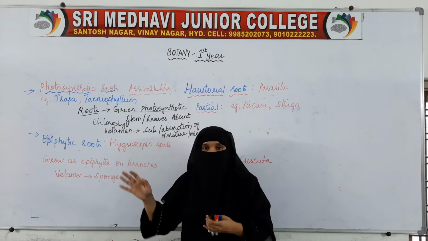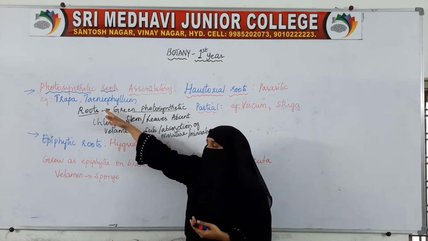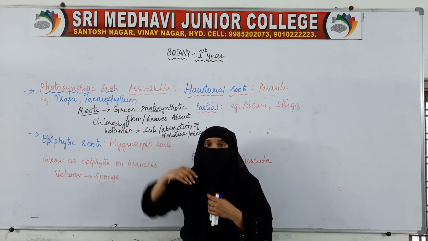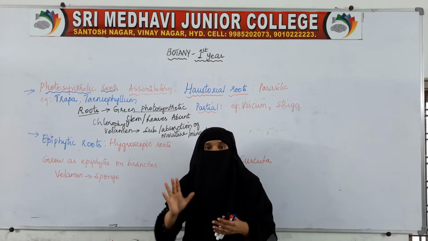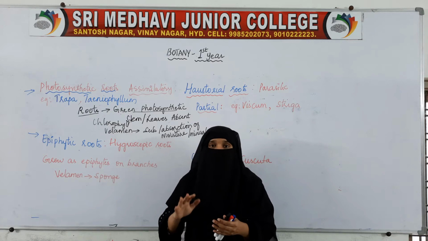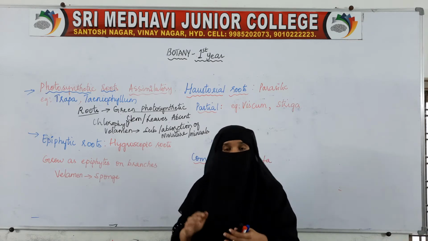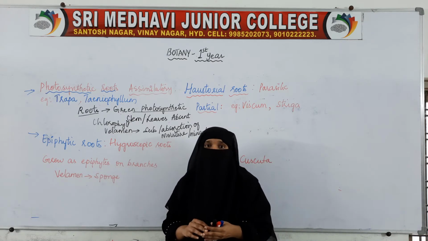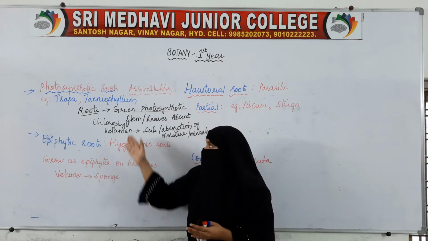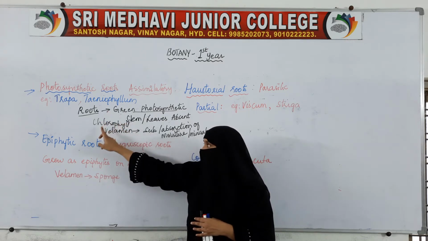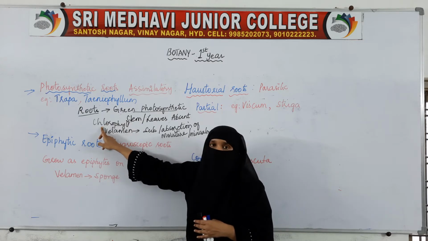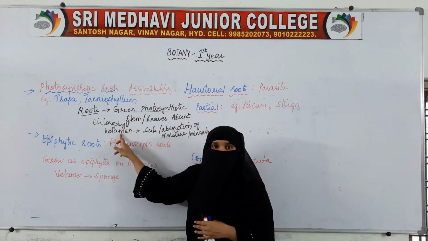For example, in this plant Tinospora, there won't be any stem or leaves. The roots will be there, attached to a substratum, and the roots will be green in color. This green color is because of the presence of chlorophyll, and velamen will also be present.